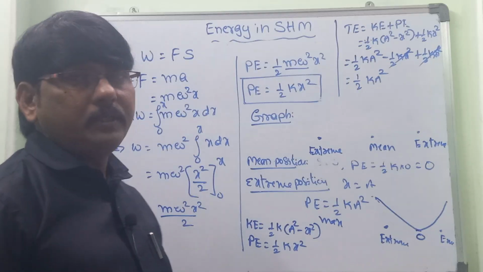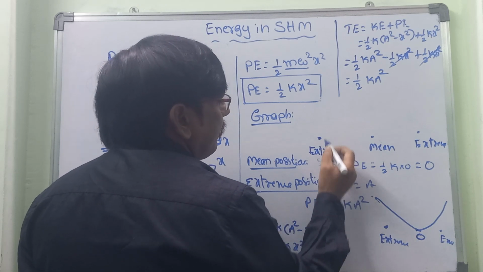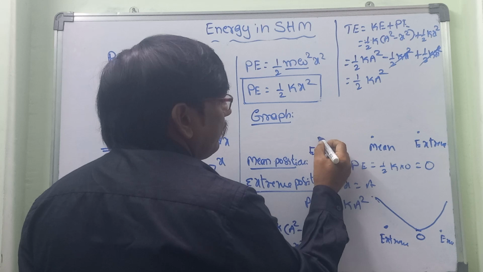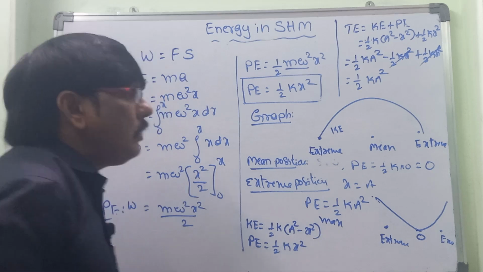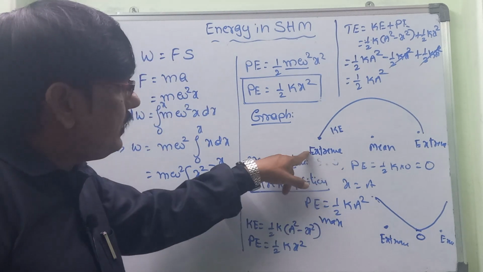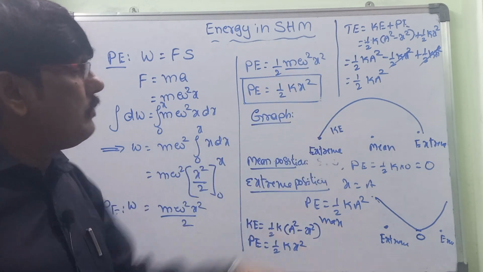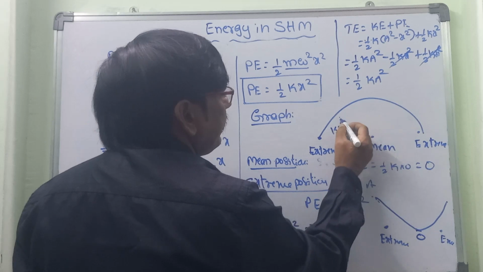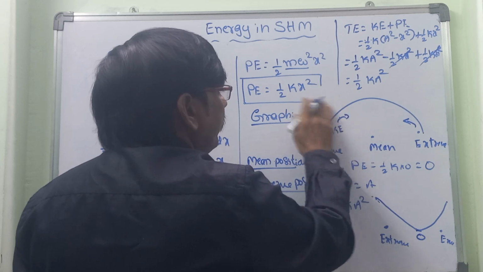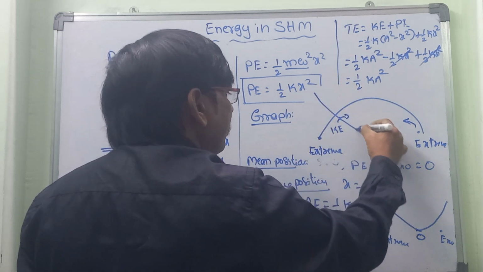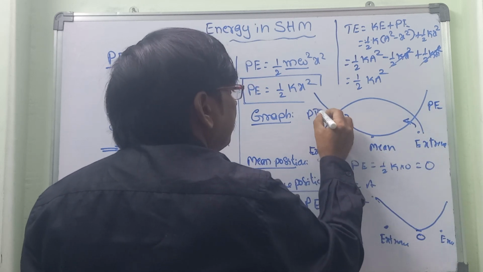At extreme position, the kinetic energy graph is the minimum, and again it travels like this. Then the kinetic energy travels towards this side, and at mean position we can get the potential energy graph like this. So this is the graph of potential energy.